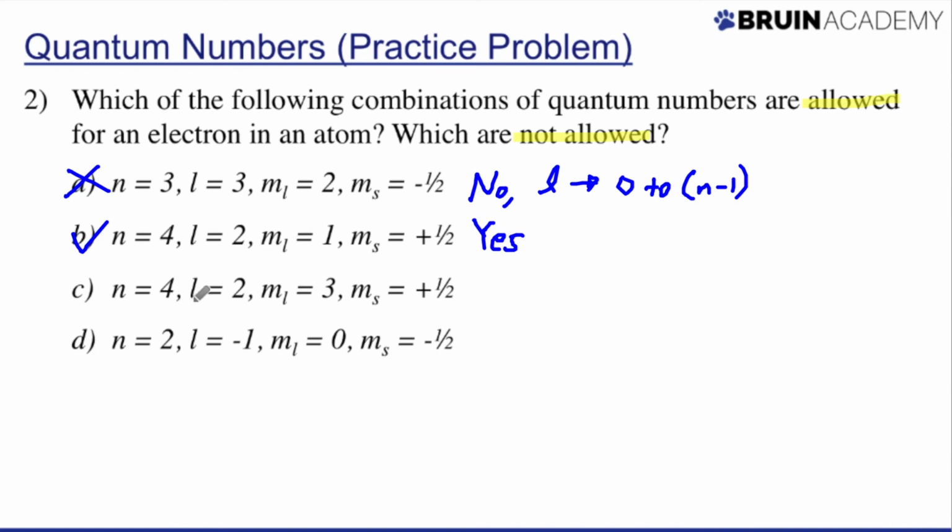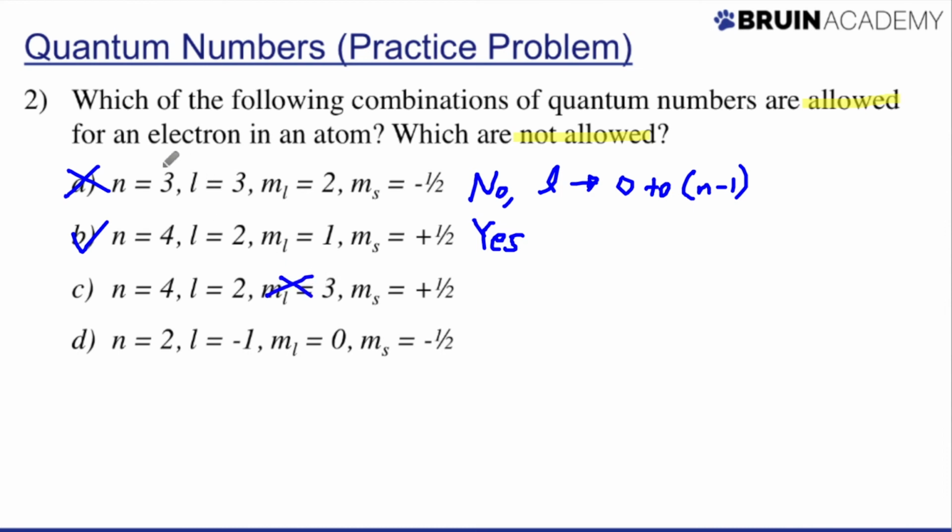Let's try C. It says n equals 4, right? L equals 2. Okay, so it's just like example B, so that works so far. And then they tell us that ML equals 3. Well, wait a second, let's look at L again. ML ranges from negative L to positive L. Remember, that's the rule that you have to remember. So ML can only be negative 2 to positive 2. Here, ML is 3. So this does not work.